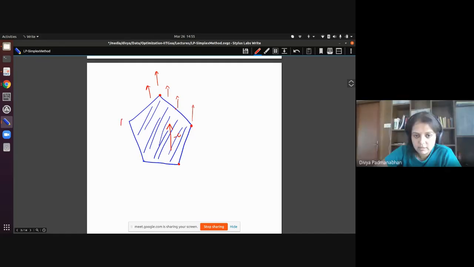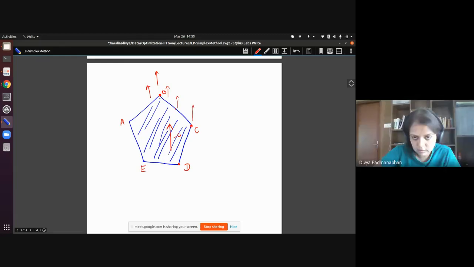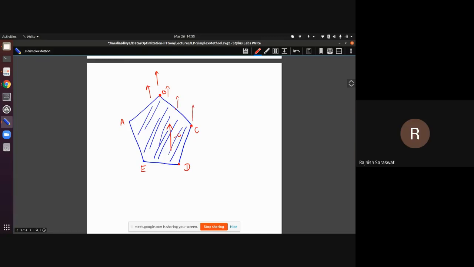Okay, I'll call them A, B, C, D, E. If I hold this B and take it downwards, below the line joining A and C, then it would be a concave region, and I would be given just 5 equations of these lines and I'd get that feasible region.